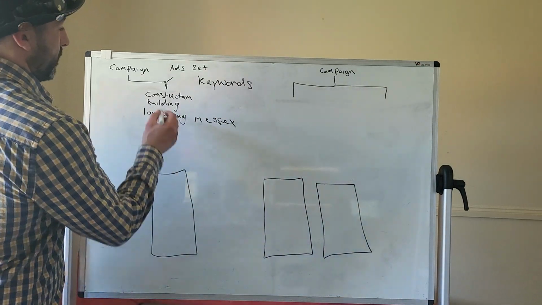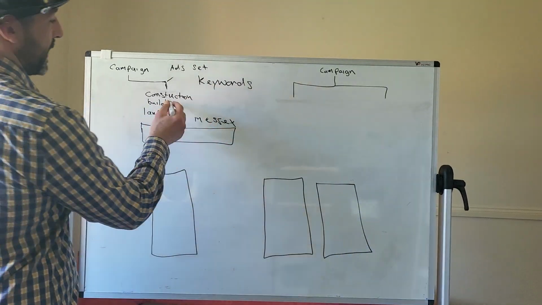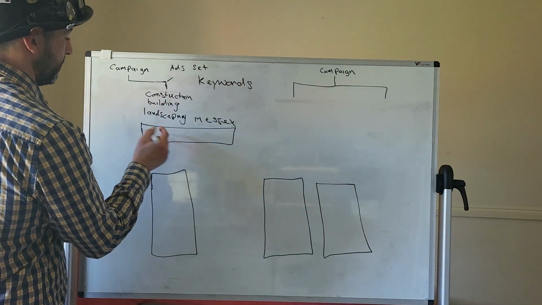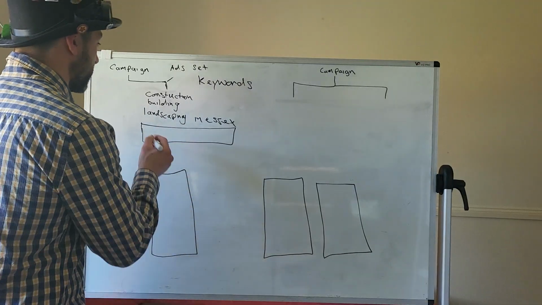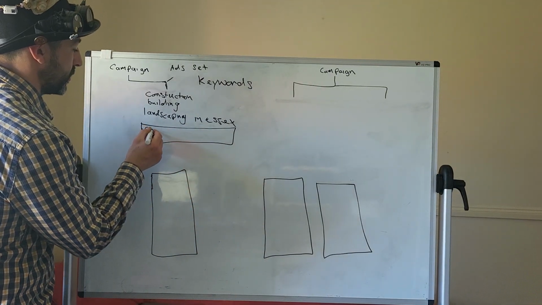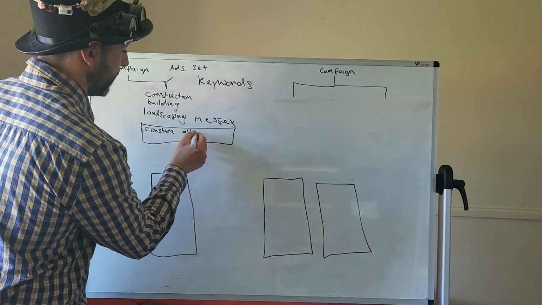So then you've got your ad underneath your ad set. So when someone searches for that keyword, your ad shows up for that keyword. So your ad might be generic as well. So you might have a construction, we do all types of construction, all types.